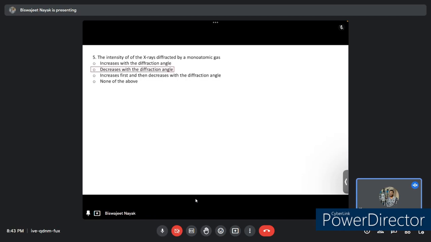The intensity of X-rays diffracted by a monoatomic gas decreases with diffraction angle.